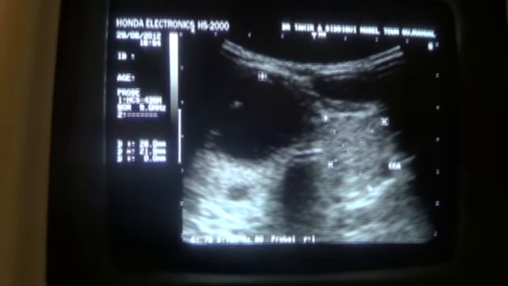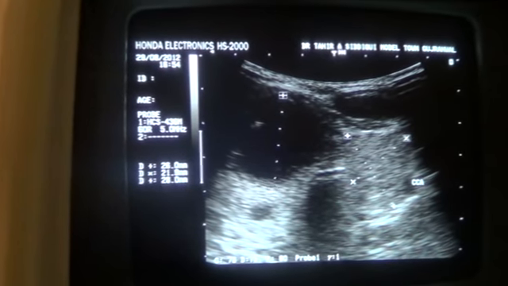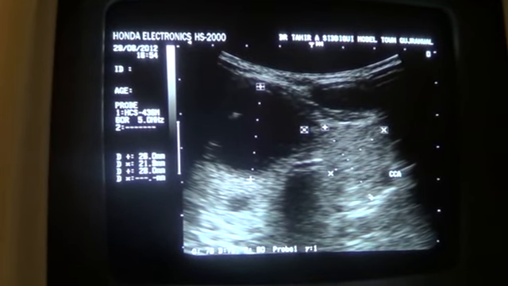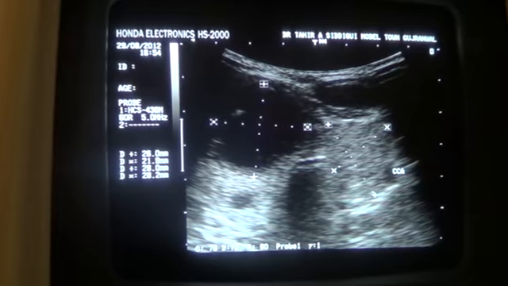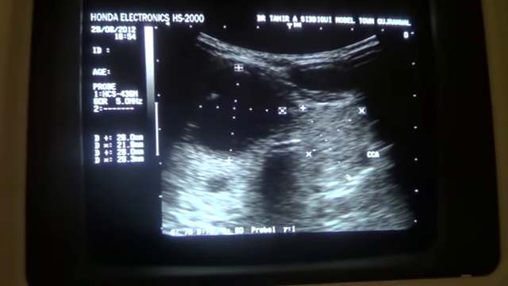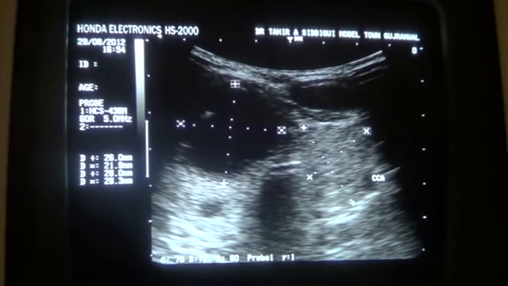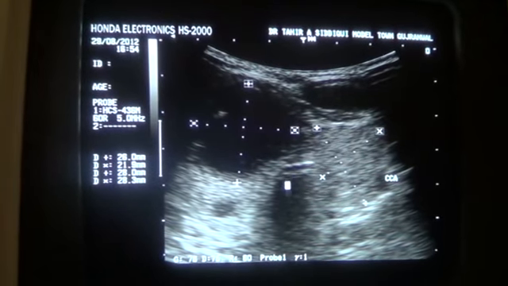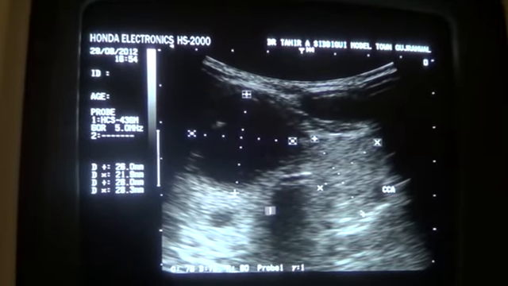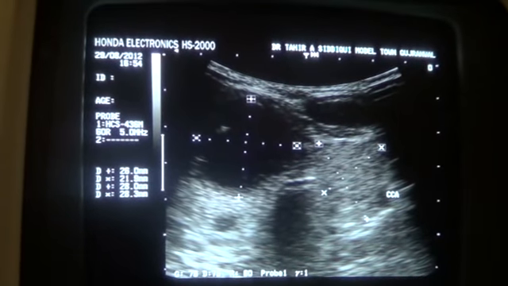Now the cyst at the medial end of the right lobe of the thyroid gland measures 28 millimeters by 28 millimeters. This is air, these are tracheal air shadows.